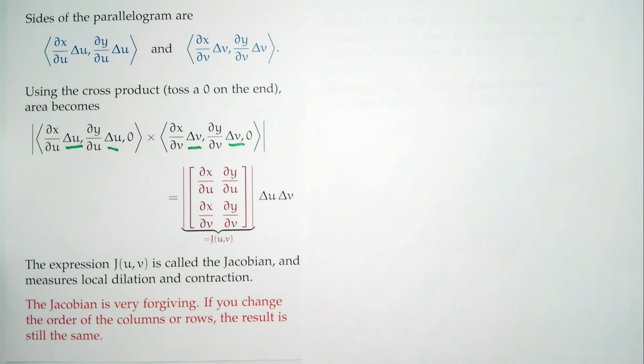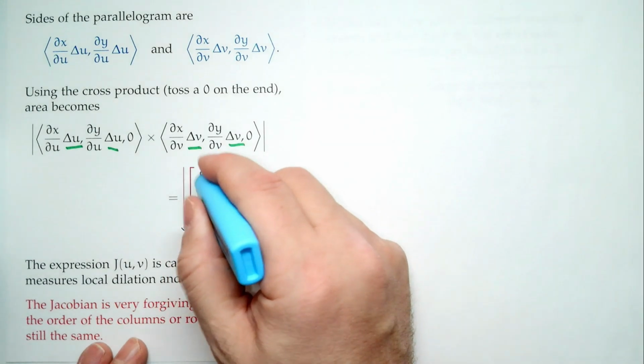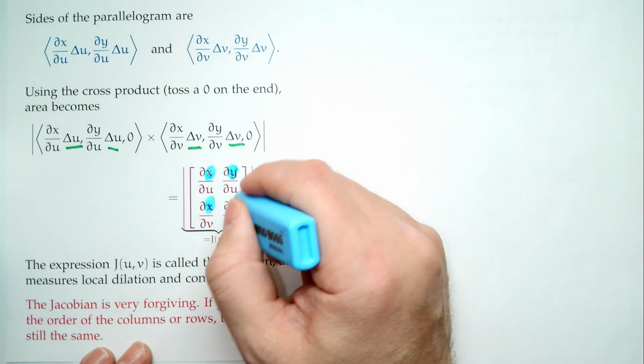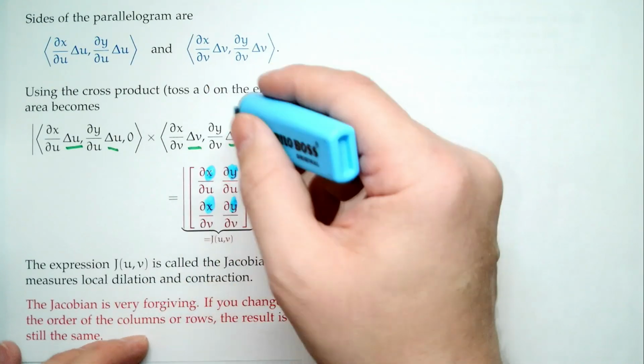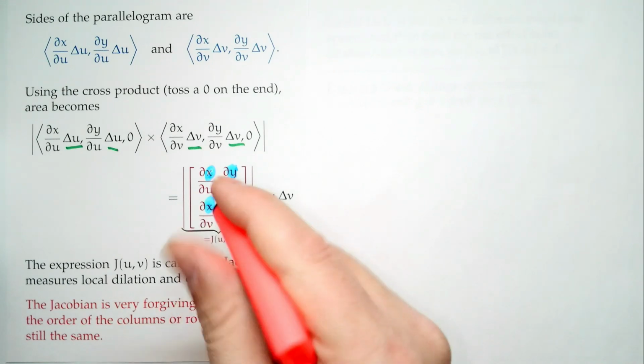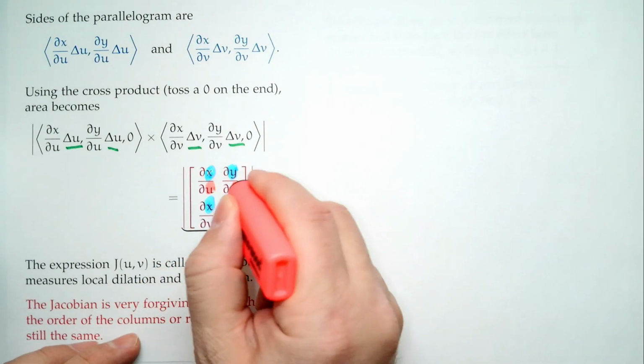By which you might say, how do I remember which partial derivatives go where? And the answer is, almost anything you write down will work. So if you look at what's happening here, you'll see that the x's are in one column and the y's are in another column. So it's like go x and y. But then, if you say where do u and v show up, they go in the rows.